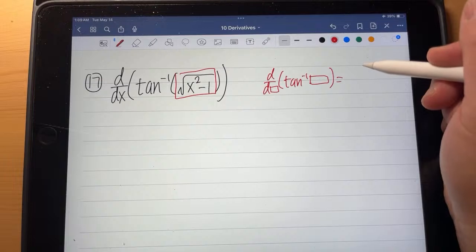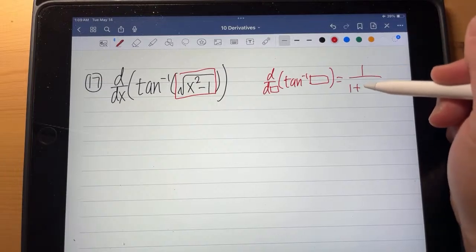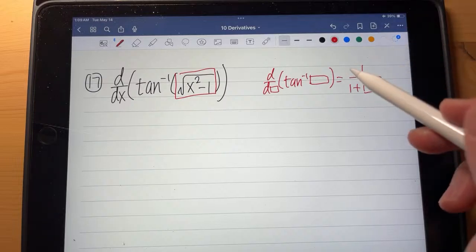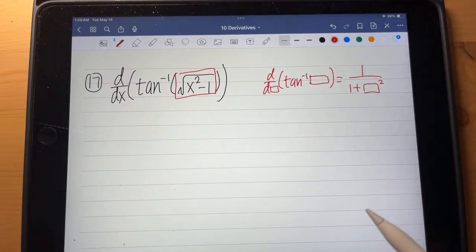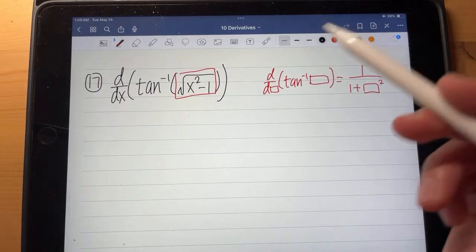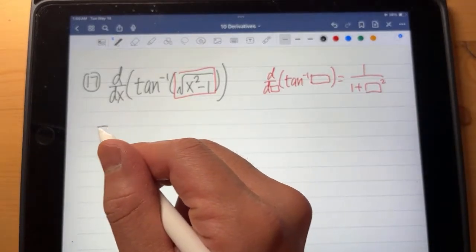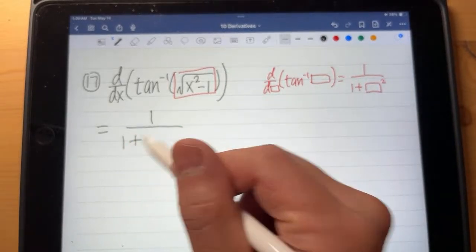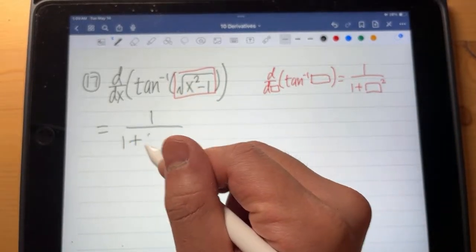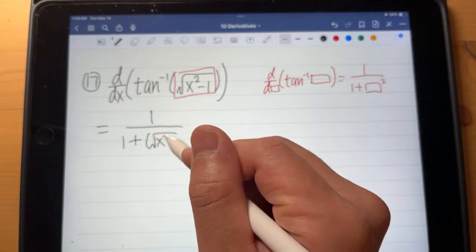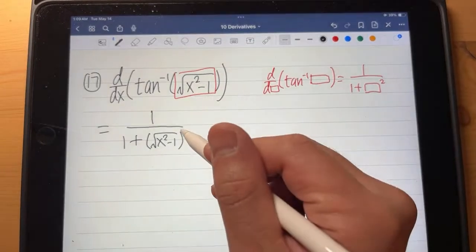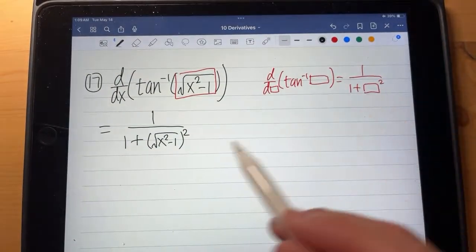What you get is 1 over 1 plus a box squared. This is the derivative of inverse tangent. And now, here we go. We are going to have 1 over 1 plus this thing, whatever it is in the box, but you put that in the parentheses. And then you have to square that. Just put this in the box, so it's like that.